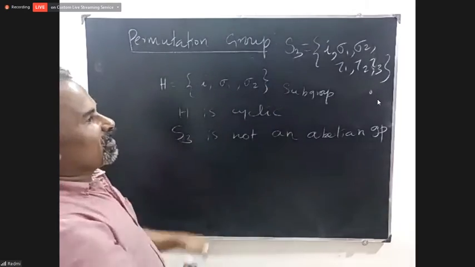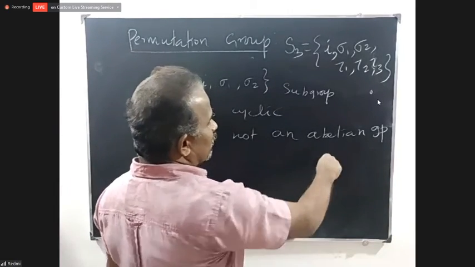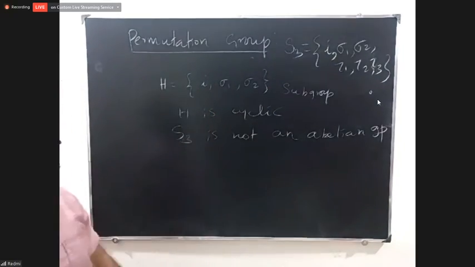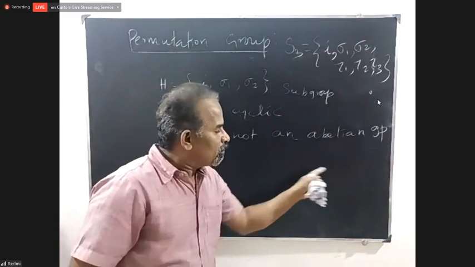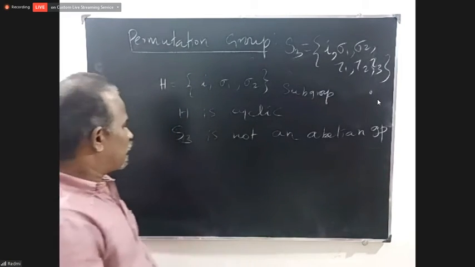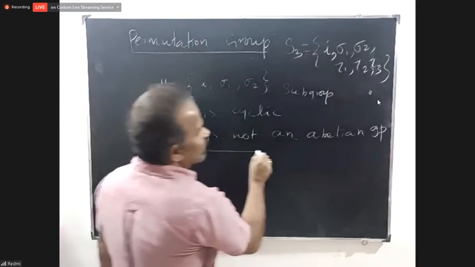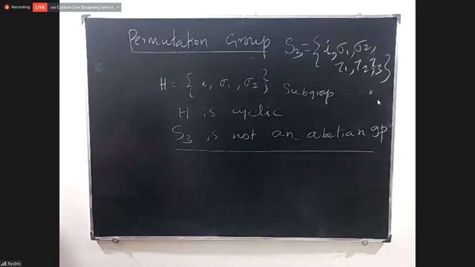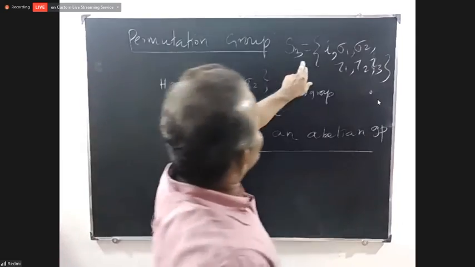From the table, you can check that sigma 1 into tau 1 or something like that, and tau 1 into sigma 1 will not be equal. So therefore, S3 is not an abelian group. This is the most important group.